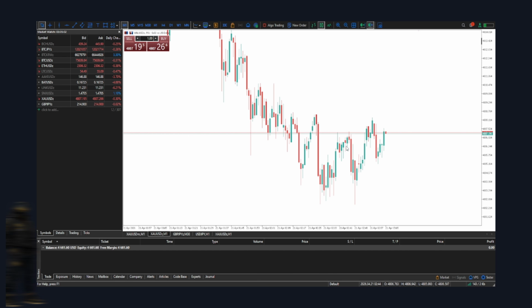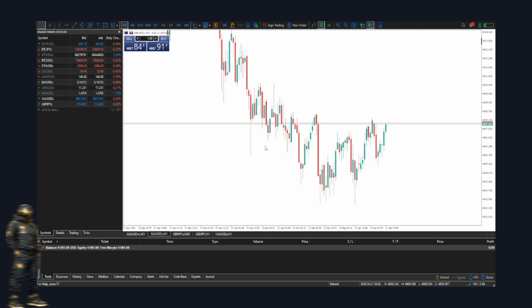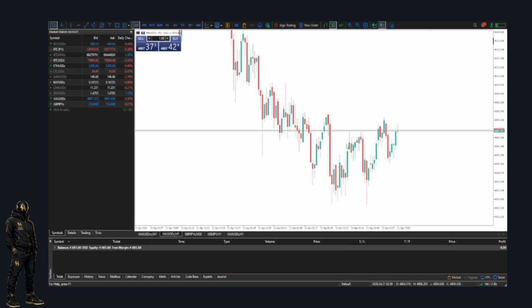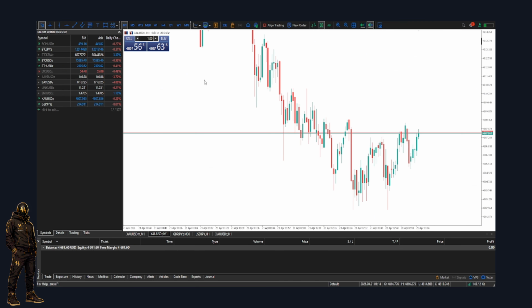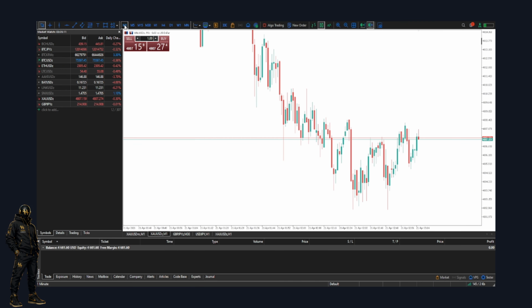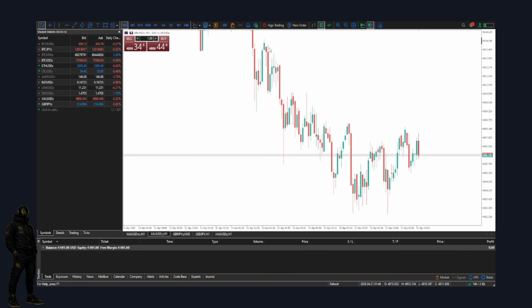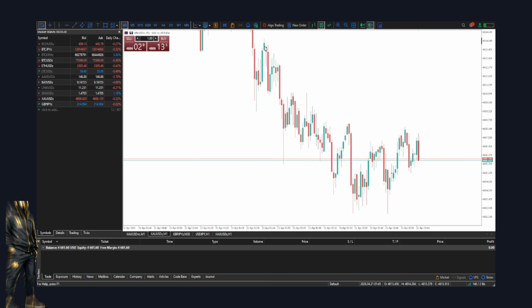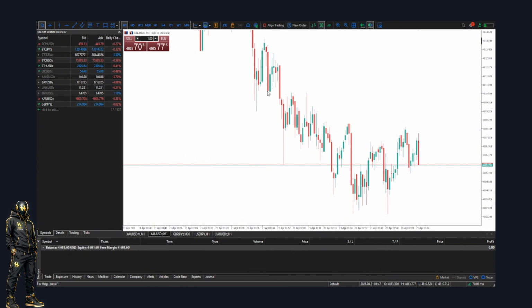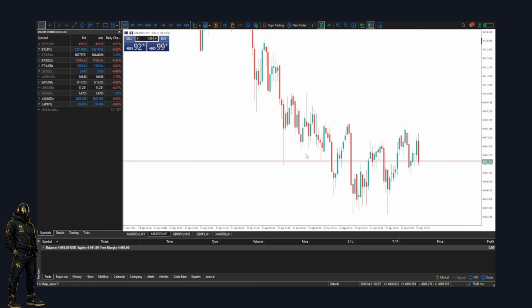So the first thing that you're going to do is identify the market structure. You're going to be looking at the 1 minute for the structure, and if you look at the 1 minute right now, we're having this lower high, and this lower high, lower low, lower low, lower low, and this lower low.